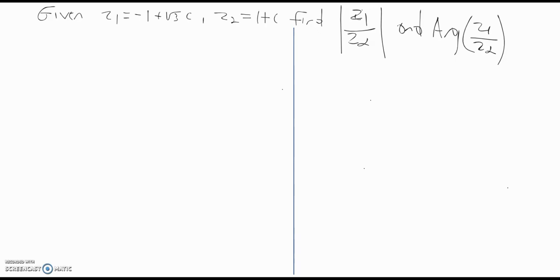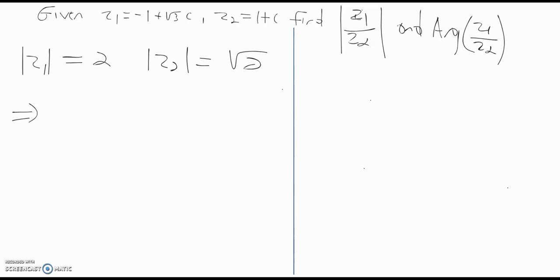So first of all, from my previous video, it's the same complex numbers, so we can start by saying that, let me go with the modulus first. The modulus of z1 was equal to 2, and the modulus of z2 was equal to root 2.